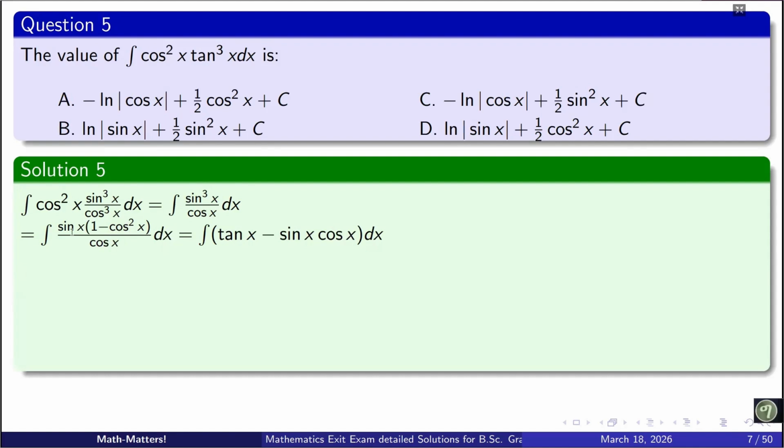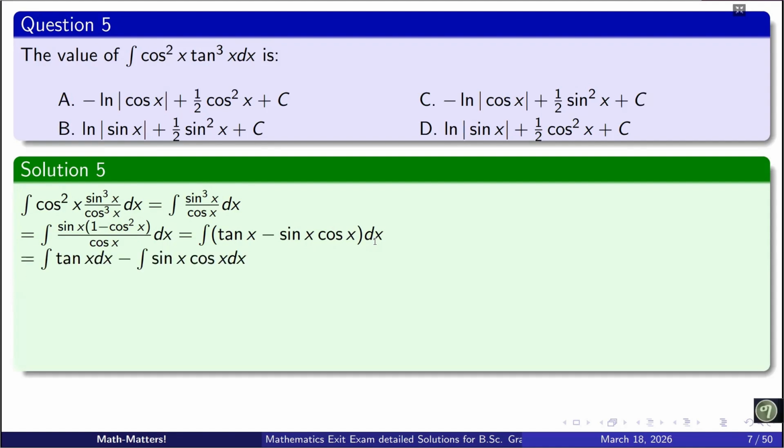Then distributing sine x over 1 minus cos square x, sine x times 1 is sine x over cos x, that's simply tan x. And when we multiply this one, sine x cos square x over cos x can cancel, and we have minus sine x cos x dx.